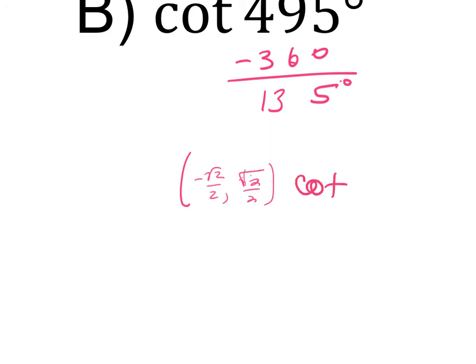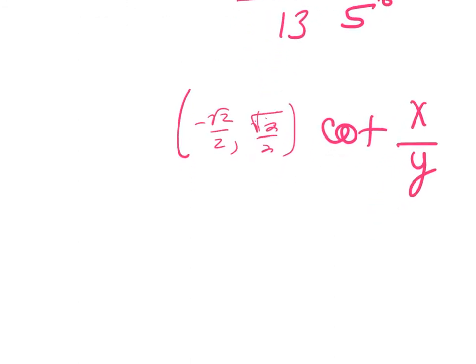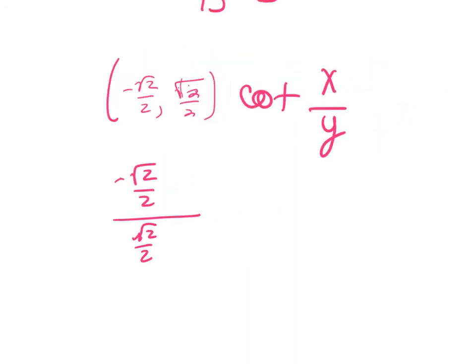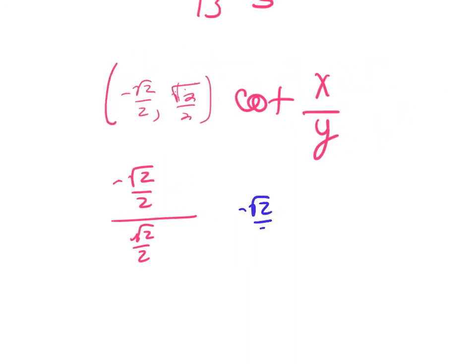Cotangent. What is cotangent? What over what? It's x over y. So take the x value. What is the x value? Negative root 2 over 2 divided by the y value, root 2 over 2. Fractions, guys, keep, change. Negative root 2 over 2 times positive 2 over root 2.